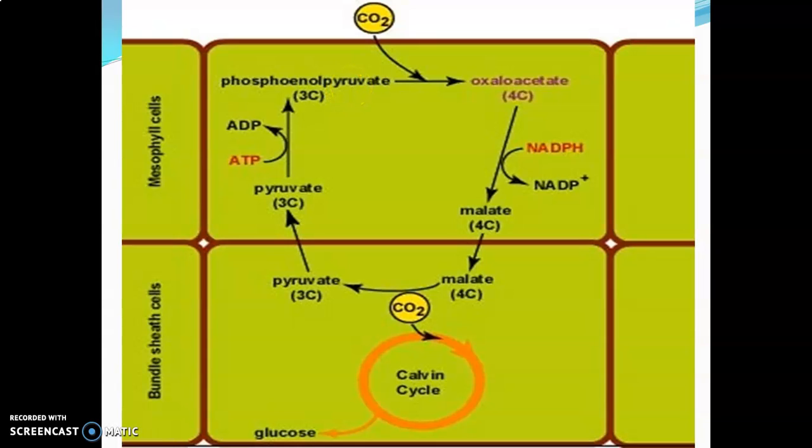This phosphoenol pyruvate is ready to continue the C4 pathway, the Hatch-Slack pathway. It is again ready to accept another atmospheric carbon dioxide, and the C4 pathway starts again.